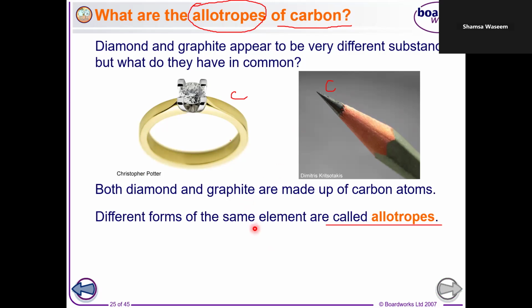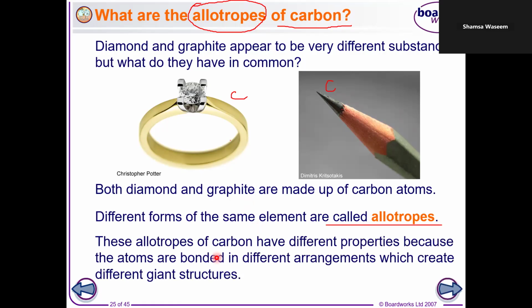Different forms of the same element are called allotropes. And the difference in diamond and graphite is the arrangement of carbon atoms in both. So these allotropes of carbon have different properties because the atoms are bonded in different arrangements, which create different giant structures.